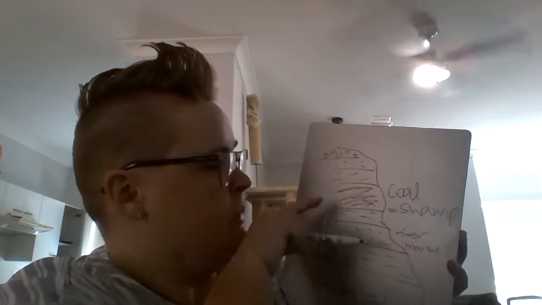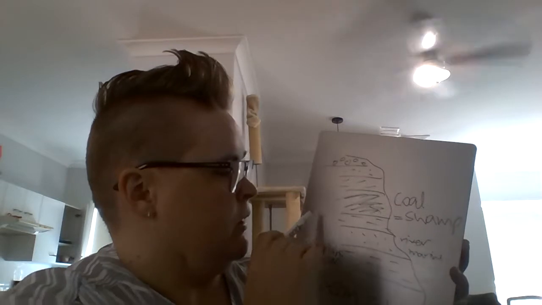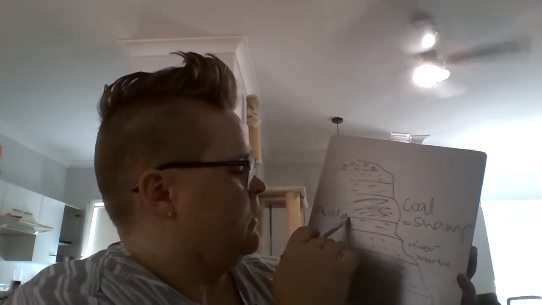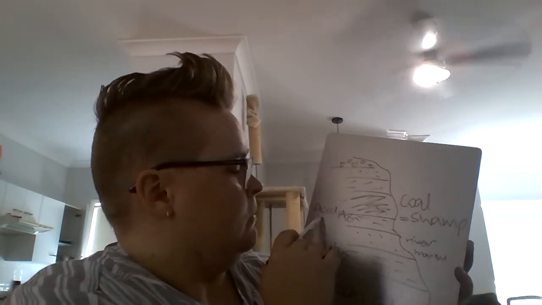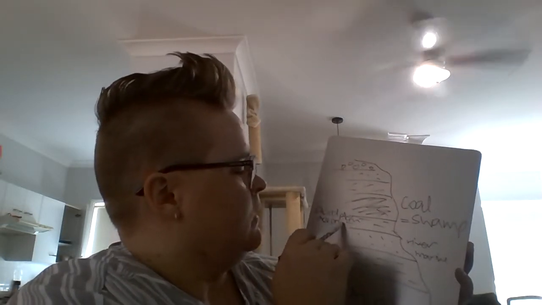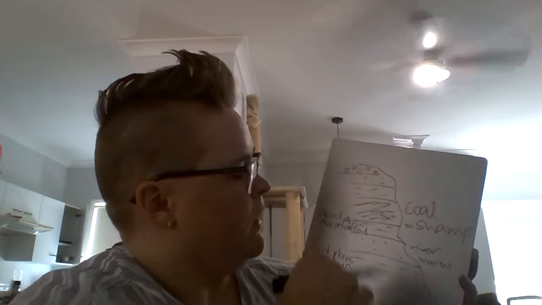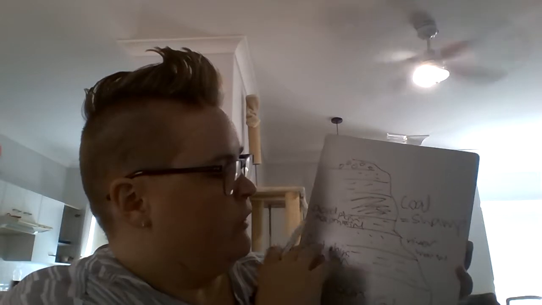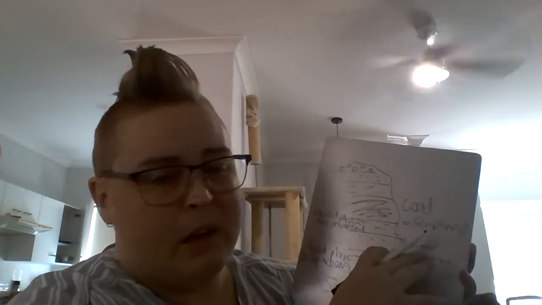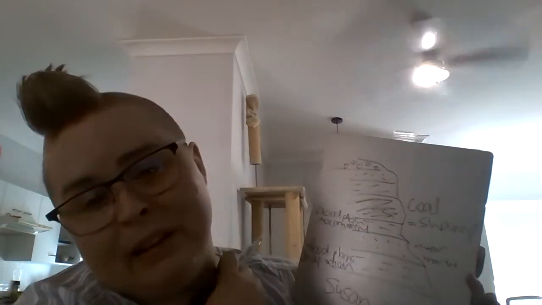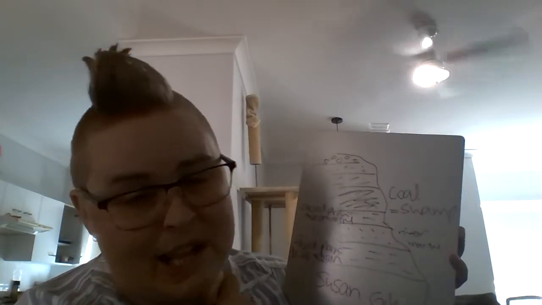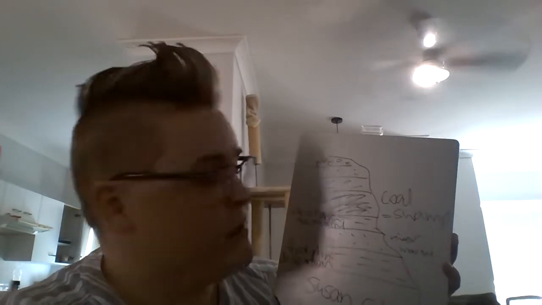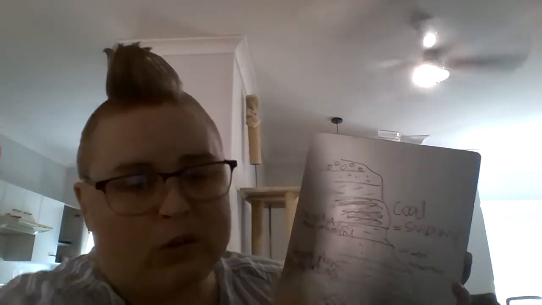Then we go back to mud, so we're going either back to a floodplain or back to deep marine. So you can see that rivers, floodplains and meandering rivers, could explain the sequence from mud to sand and then back to mud again. The thing that throws a big spanner in the works is our coal sequence.